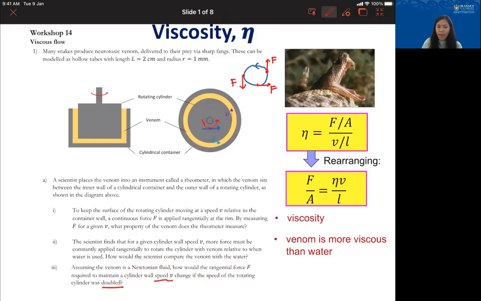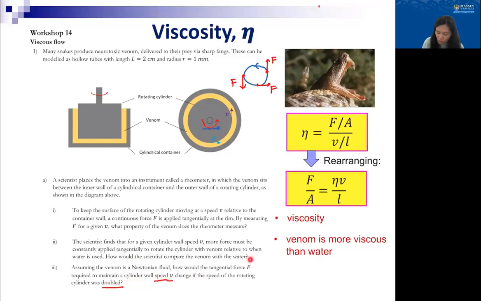Should it double or halve? I guess the essence of this question is, if you wanted the venom to move 2 times faster, okay, the speed is doubled, how should you change the force being applied to the rheometer? Will you double the force or will you halve the force?